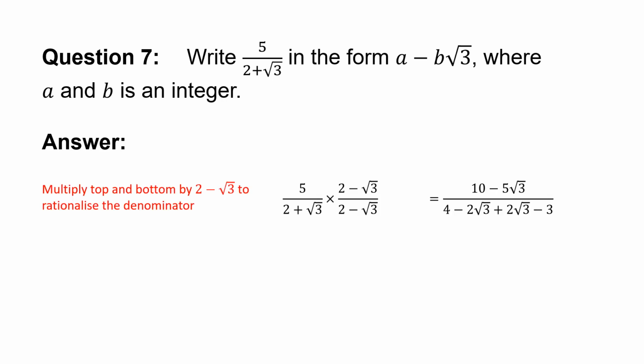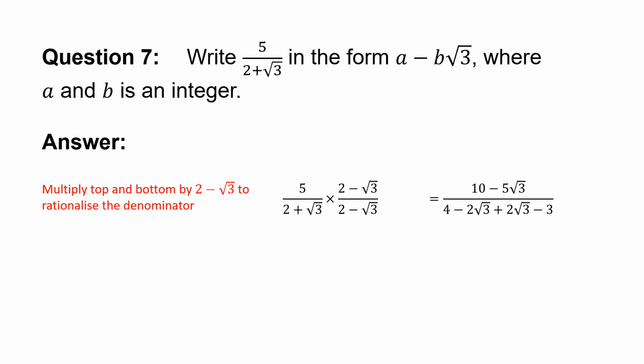Well, using our rationalizing the denominator rule, we're going to take that denominator and multiply it by the same denominator but with the opposite operator in between. So we have 2 plus root 3 on the bottom, so we're going to multiply through by 2 minus root 3.